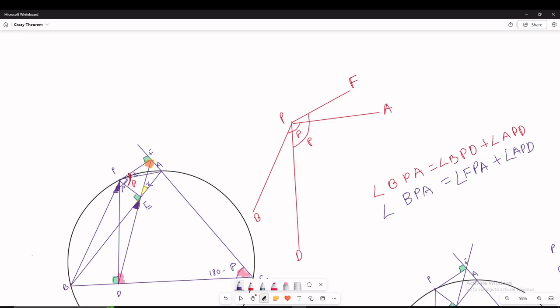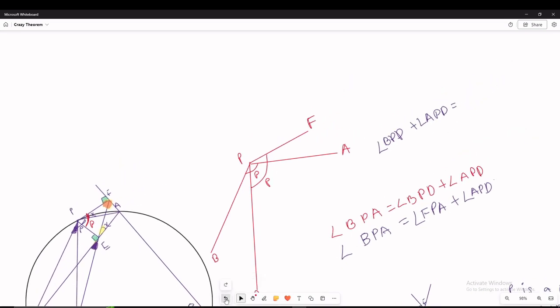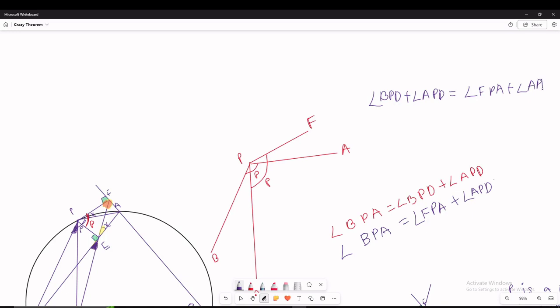Now those two are equal, so we equate these two also. We can write angle BPD plus angle APD will be equal to angle FPA plus angle APD.